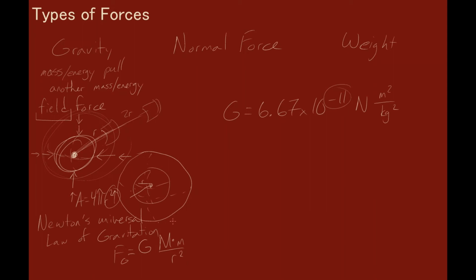Without a very large mass, or at least a sizable mass and a very small distance, we're not going to see the effects of gravity. In fact, if this distance is small enough, that's when we'll start to see effects due to the electromagnetic force or the strong force.